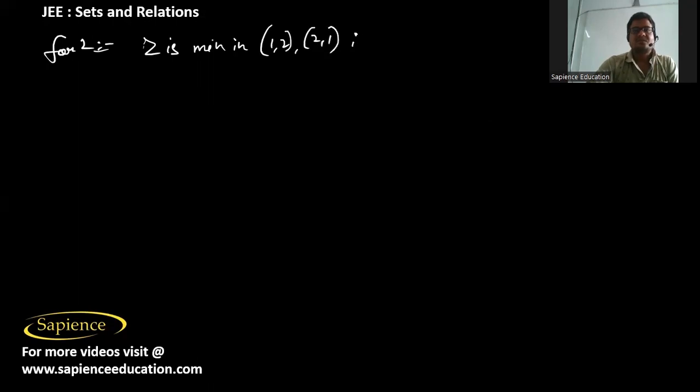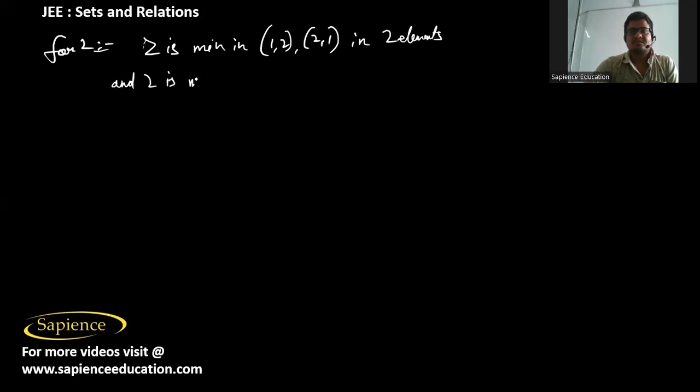Similarly, for the element 2, 2 is minimum in (1, 2) and (2, 1). So it means in 2 elements.